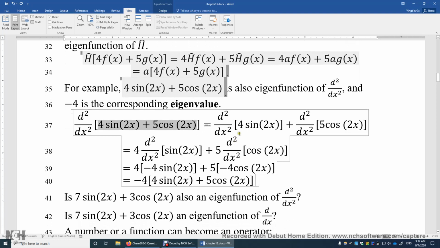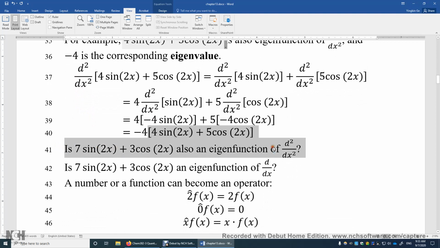You go through these steps. The result is going to be negative 4 multiplied by this same linear combination. Therefore, we say this linear combination is also an eigenfunction of the second derivative operator.